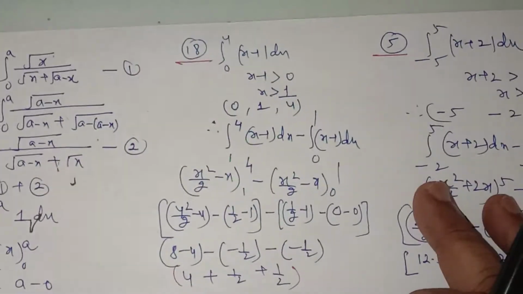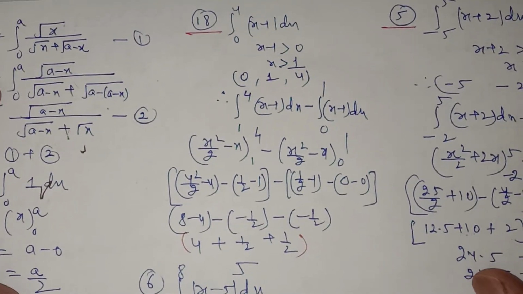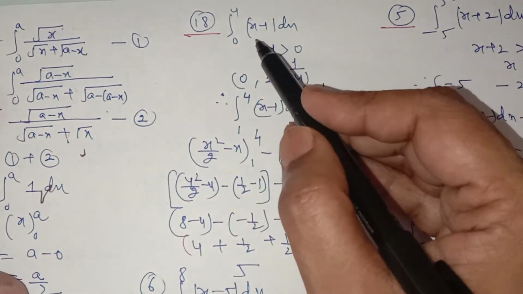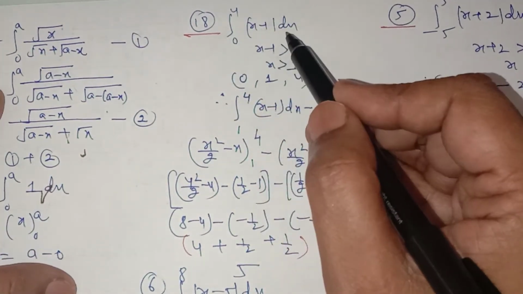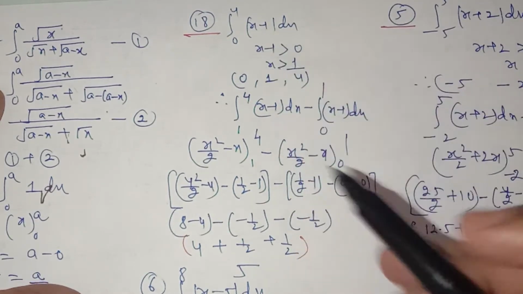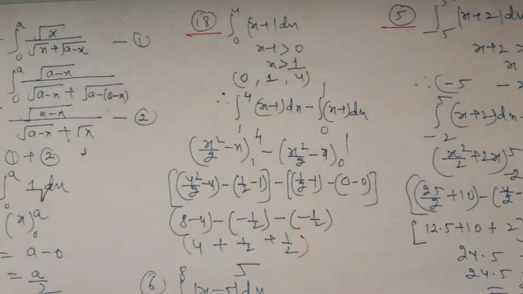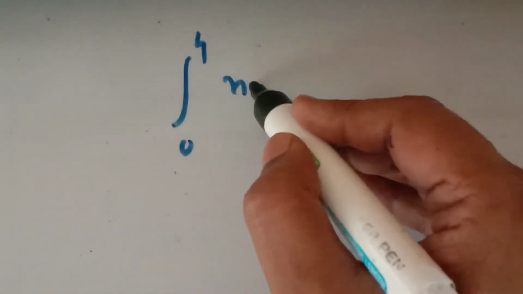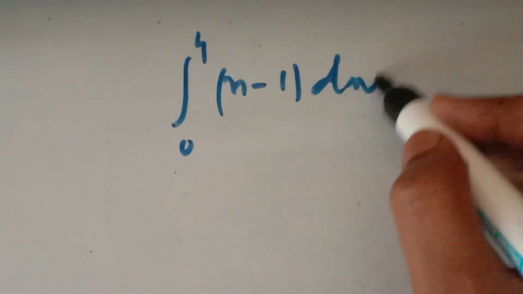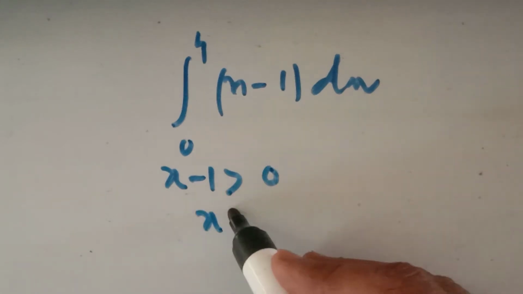Now this question number 18 and question number 5, question number 6 are the same. In this type of question, that is from 0 to 4 mod x minus 1, you have to remove this mod sign. How do you remove it? See it very carefully. When we have the integral from 0 to 4 of mod x minus 1, you find when it will be positive and when it will be negative. When you put x minus 1 greater than 0, then x will be greater than 1.